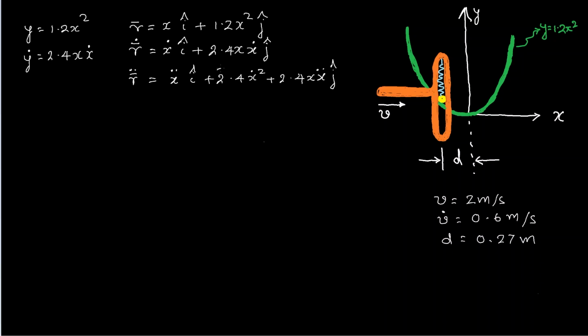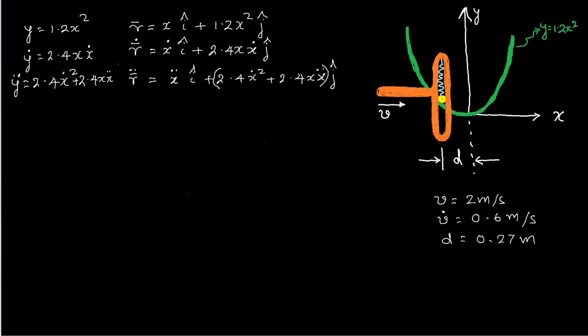So this whole thing we can keep in brackets, and exactly in a similar way we could have written y double dot to be equal to 2.4 x dot squared plus 2.4 x x double dot. I'll not write it here, I need some space.